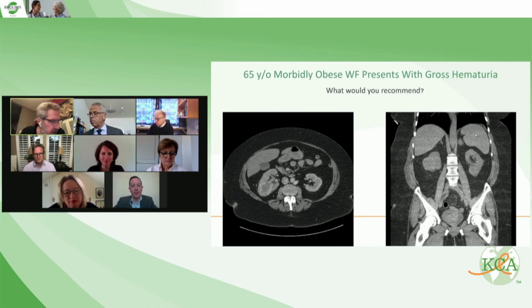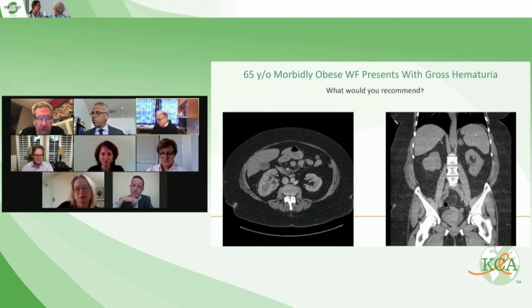So I guess I'm going to talk to one of my surgeons first, Dr. Wiesland. What do you recommend for this patient? I would have started with, if I had the whole CT scan, I would have seen if I should do a radical or a partial nephrectomy.